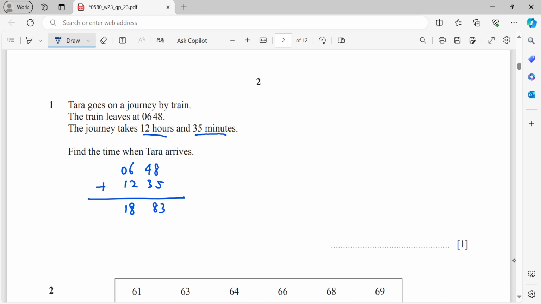But then we know that the 83 is minutes, so we have to minus 60 minutes and plus 1 hour. Therefore this is 1923. So you can just write 1923 or probably 7:23 p.m. So that's the solution of this question.